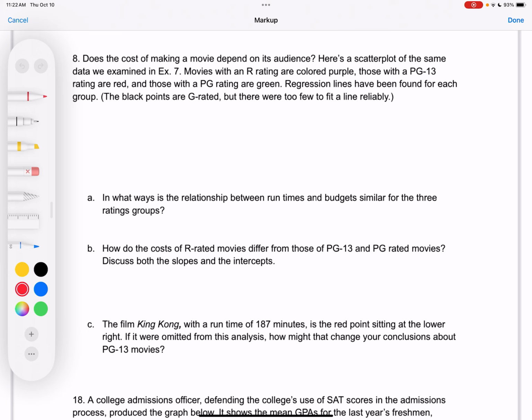So longer runtime leads to a higher budget. The way you said it is fine too. Okay. Yes, ma'am.